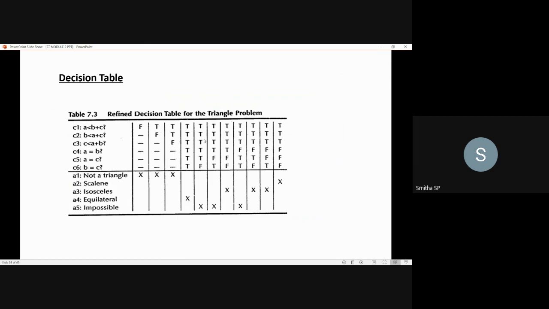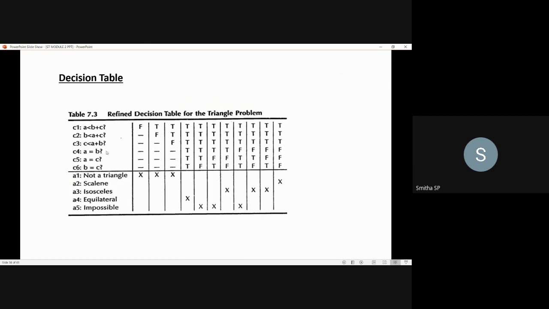Similarly, for the next rule, all the conditions are satisfied, so it is forming a triangle. Now moving on to the C4 condition: A is equal to B, true. A is equal to C, true.